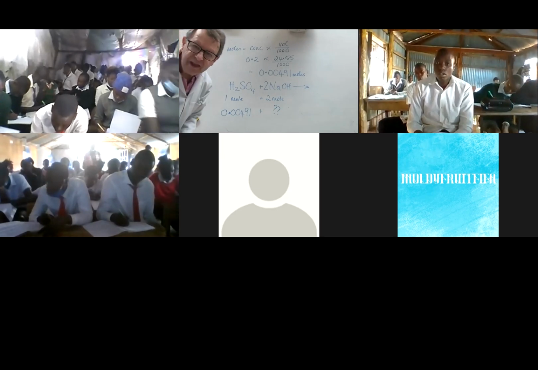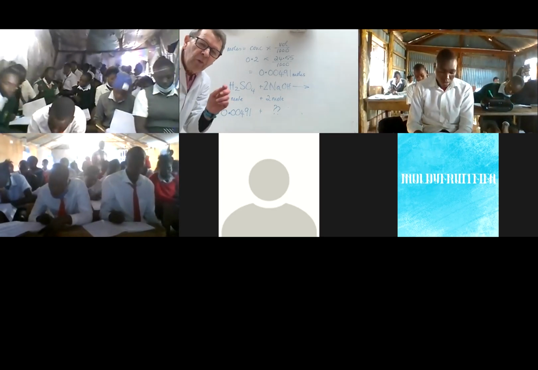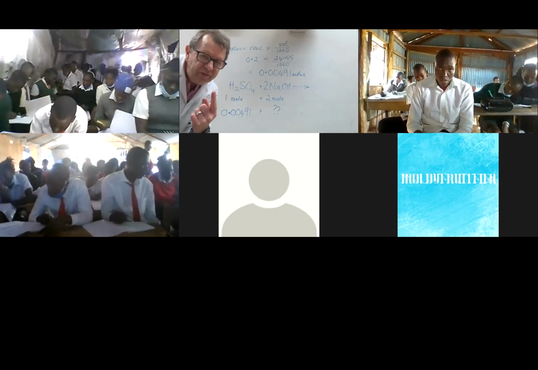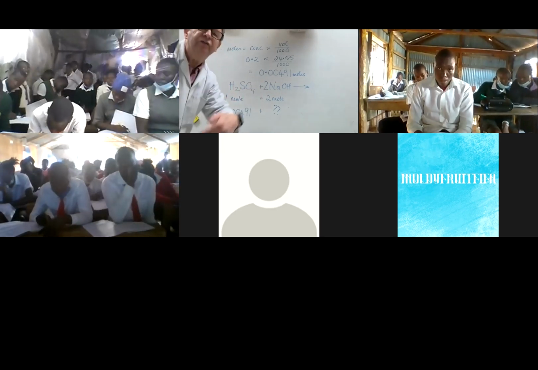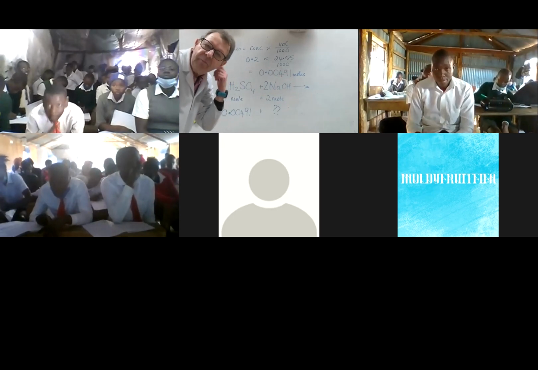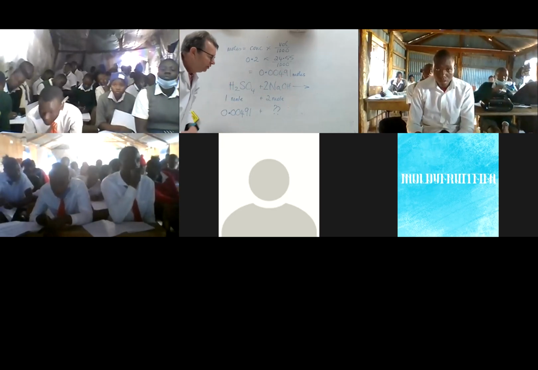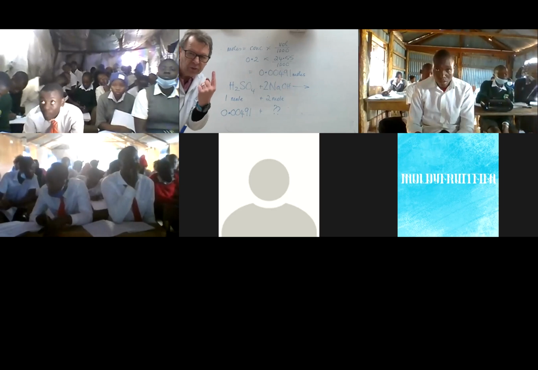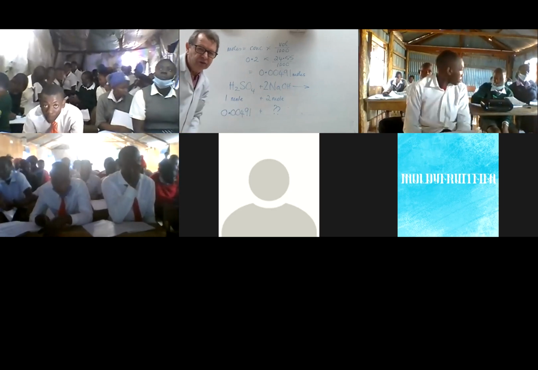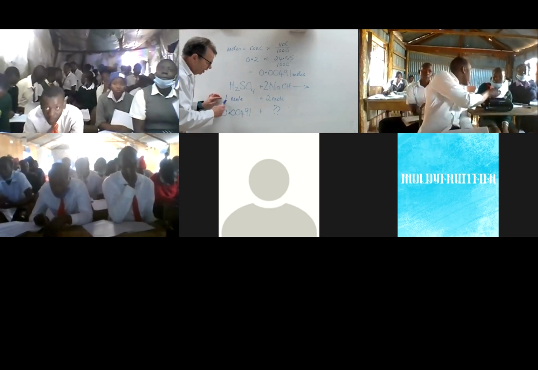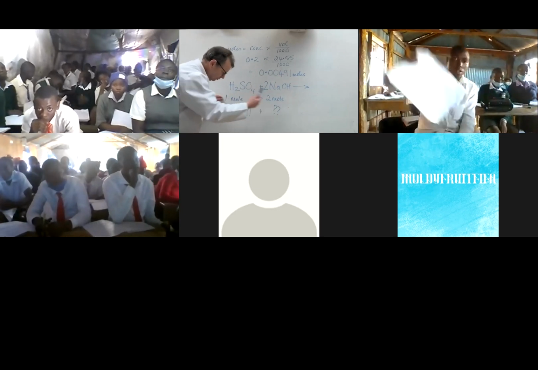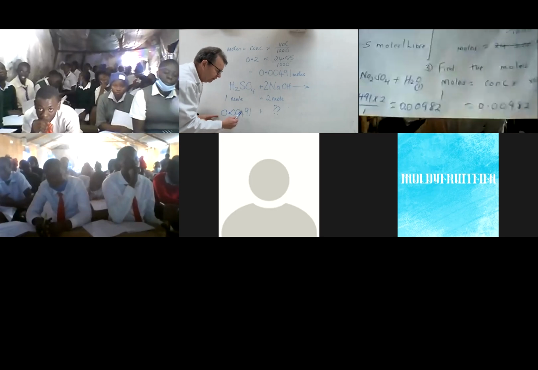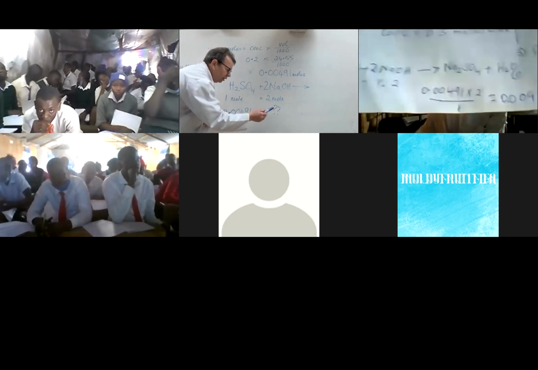You see, from the equation, when you have the moles of one of the chemicals, then you look at the equation to find the other moles. That is always true. You always find one of the moles and then look at the equation. So, 1 molecule, 2 molecules, 1 mole, 2 moles, 0.00491.